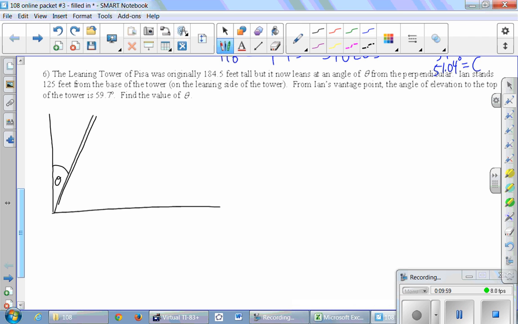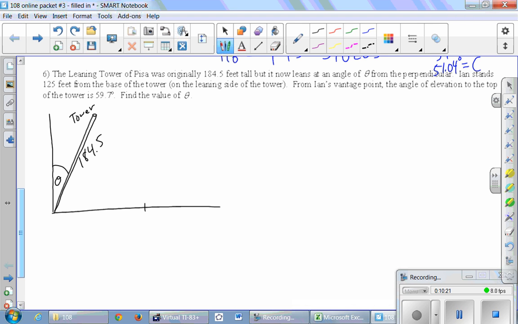Maybe we'll try to give this just a little bit of depth. So that right there is the tower. And then it says Ian stands 125 feet from the base of the tower on the leaning side of the tower. Also, this was 184.5. So Ian's 125 feet away on the leaning side.